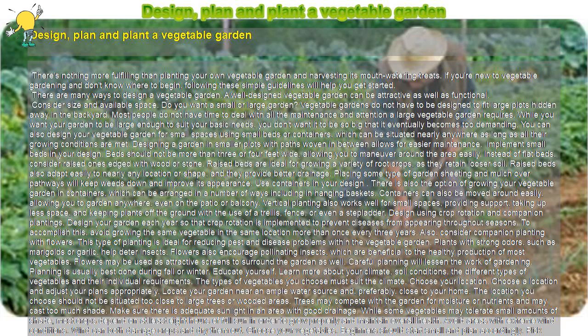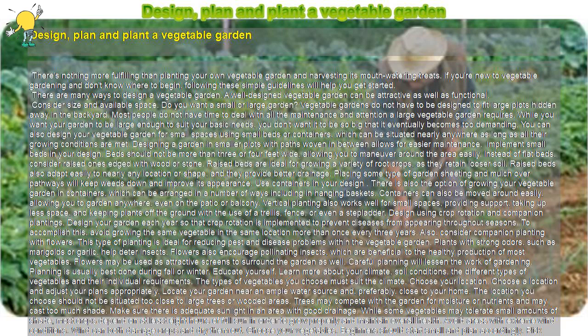Locate your garden near an ample water source and, preferably, close to your home. The location you choose should not be situated too close to large trees or wooded areas. Trees may compete with the garden for moisture or nutrients and may cast too much shade.